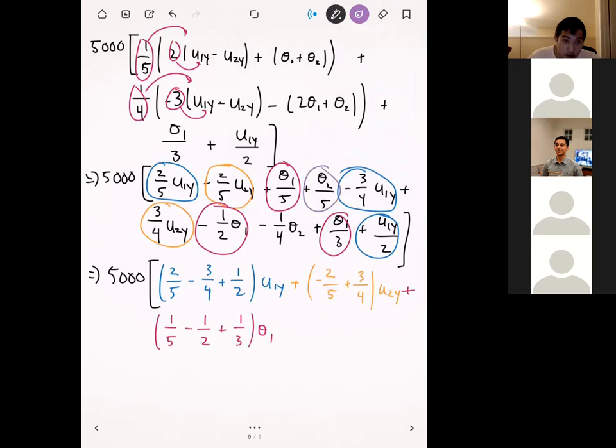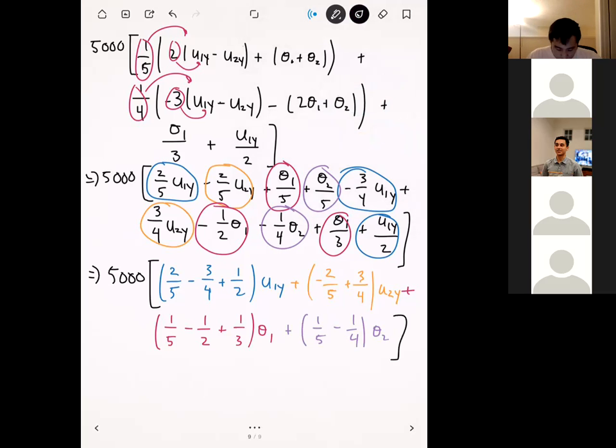So we have a positive 1/5 and a minus 1/4 here. And so we have 1/5 and then minus 1/4 theta 2.